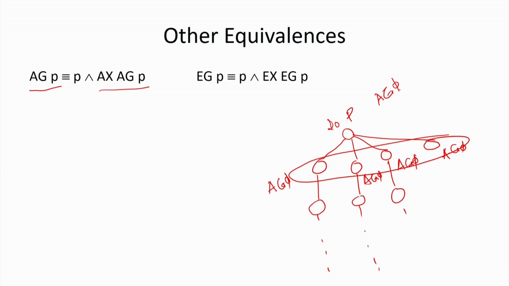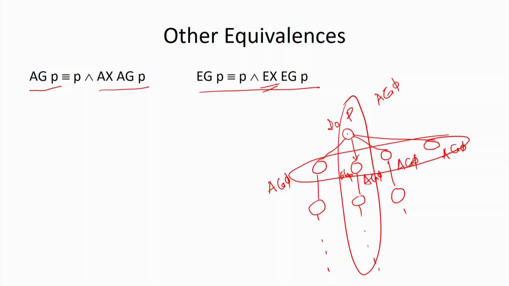Similarly, it holds for EGP also. In EGP, we look for any one such path. If P is true over here and the next state satisfies EGP, there exists a path in the next state where EGP is true, then EGP is true in that particular state.